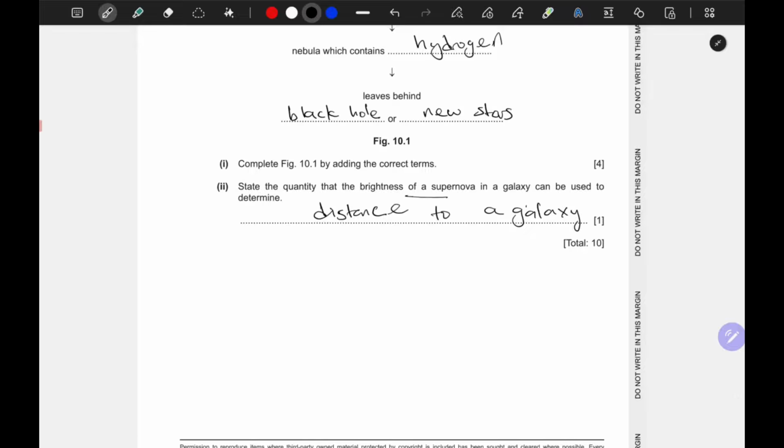It can be used to determine time. So if redshift determines the time and the brightness of a supernova determines the distance, there's actually a formula for it, which you don't need to know currently. So if we have these two, then we can find Hubble's constant.